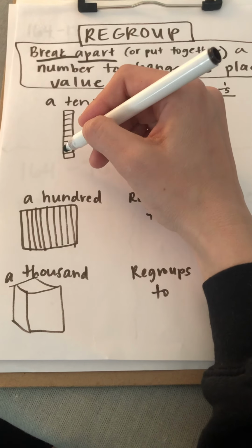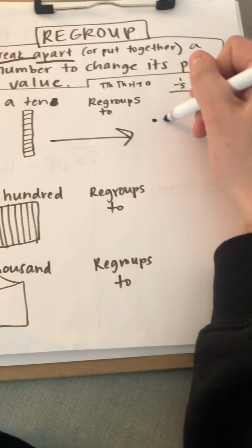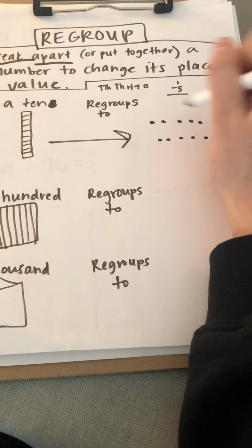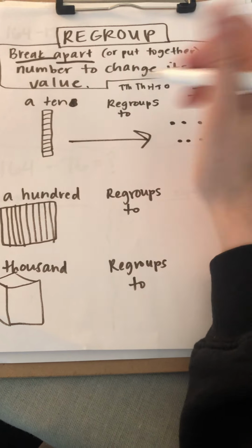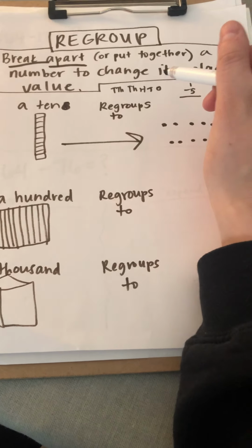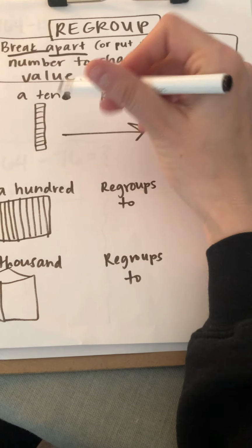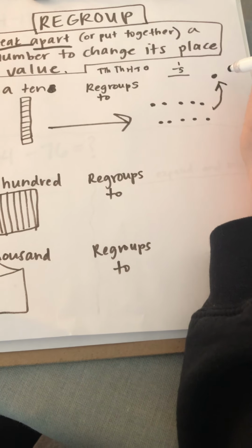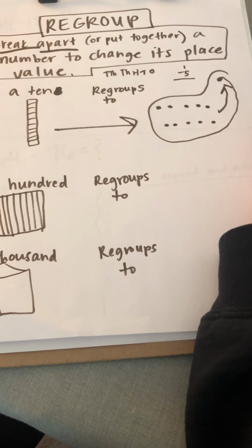A 10 is made of 10 ones. We can regroup a 10 into 10 ones because that's the same value. 10 ones is the same as a 10. They're both 10. But a 10 goes in the tens place, and we can put these 10 ones into the ones place to get enough ones to take those 5 away.